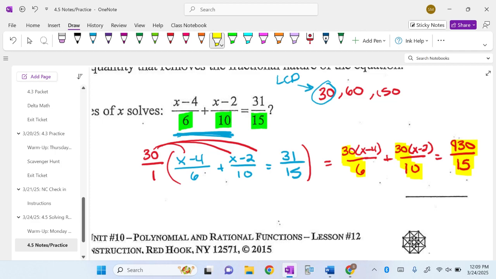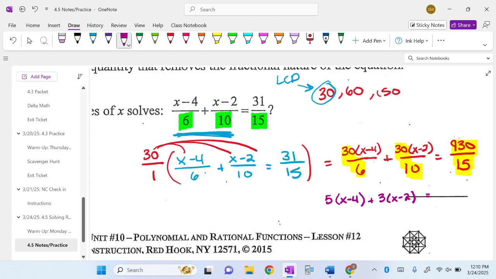All right. So what's 30 divided by 6? 5. So I get 5 times x minus 4 plus, what's 30 divided by 10? 3 times x minus 2 is equal to, okay, so 930 divided by 15, that's 62. Correct me if I'm wrong.